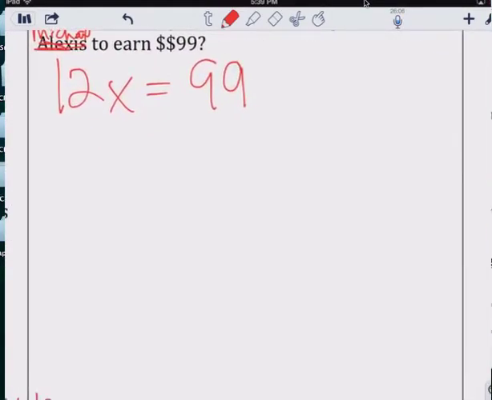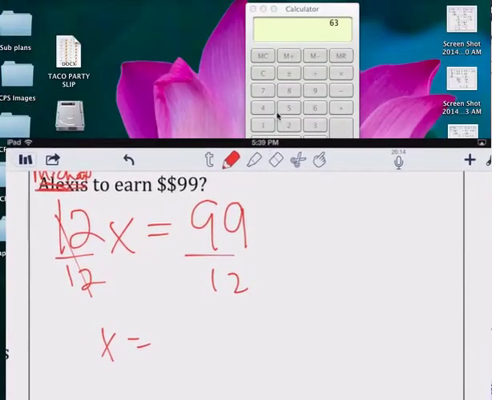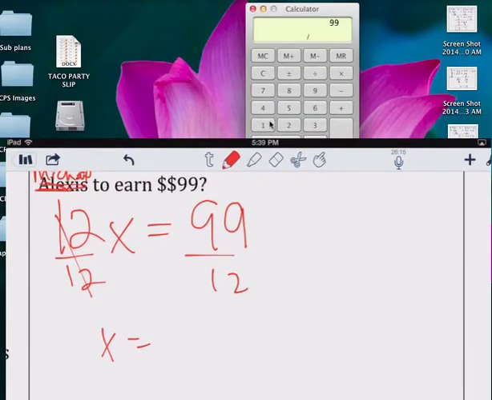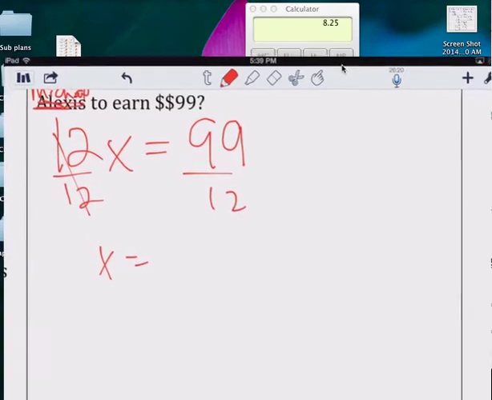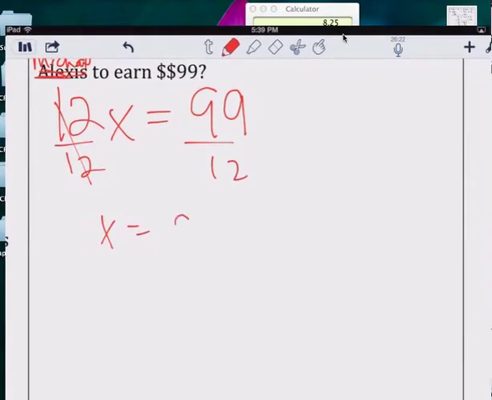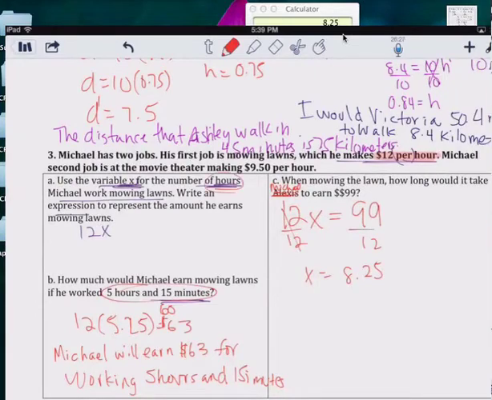Okay, divide by 12, divide by 12. x equals 99 divided by 12, which equals 8.25, and x represents hours.